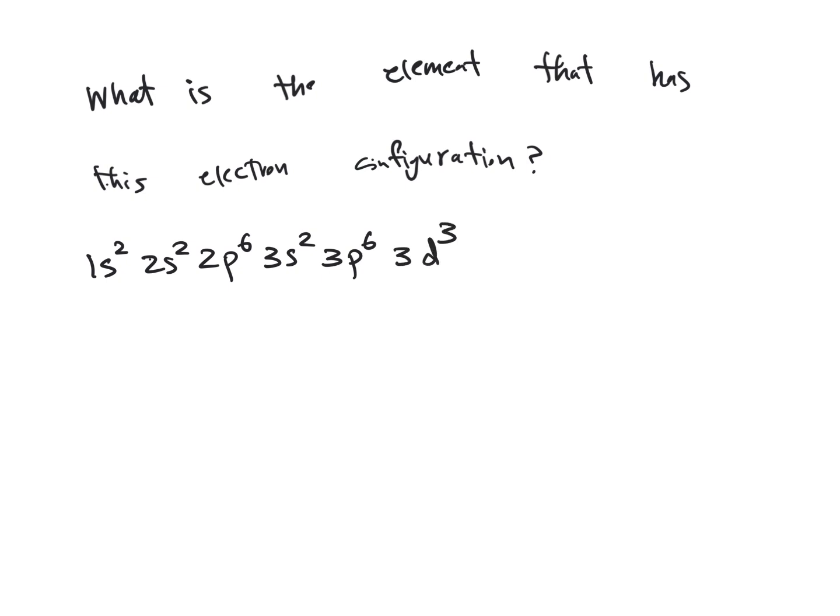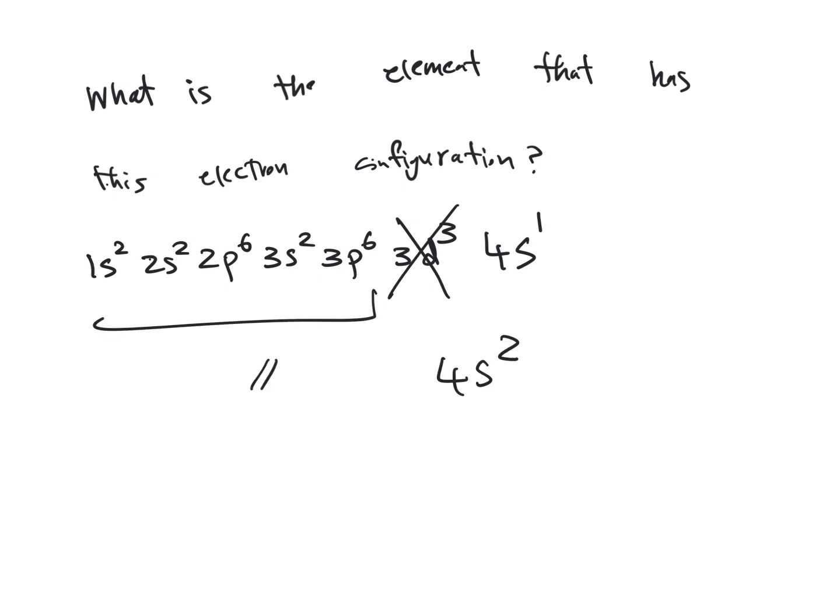Can anyone tell me the answer? Doesn't exist. Exactly. First, we should fill out 4s. So these exist: if I have the same thing and I write 4s2, that exists. If I write the same thing with 4s2 and then 3d, I don't know, like 3, that exists, okay?